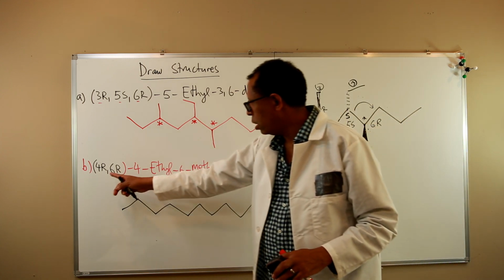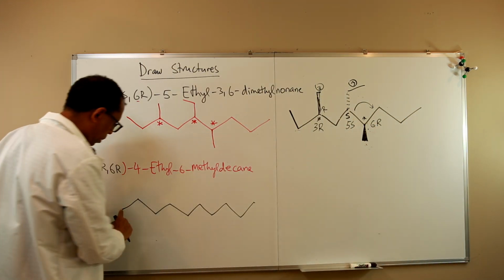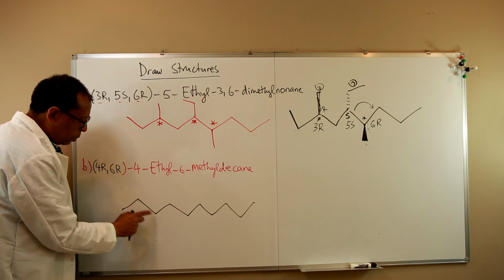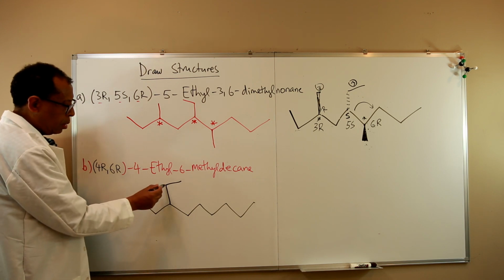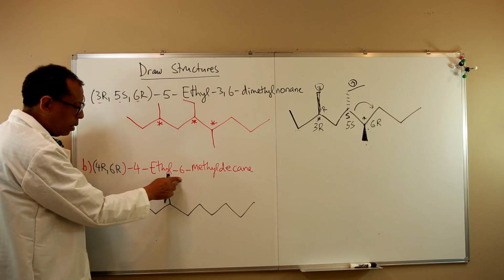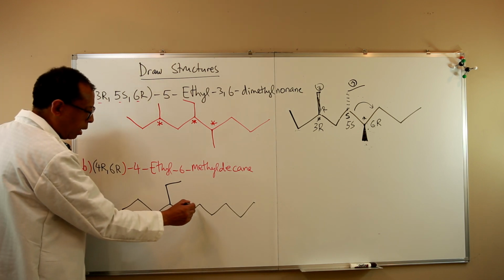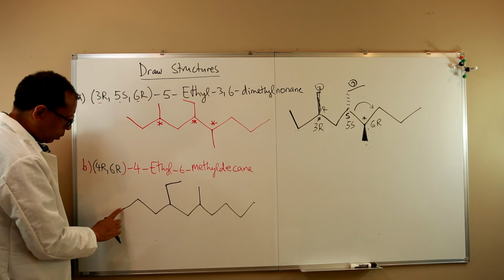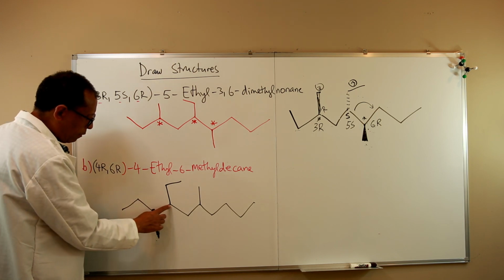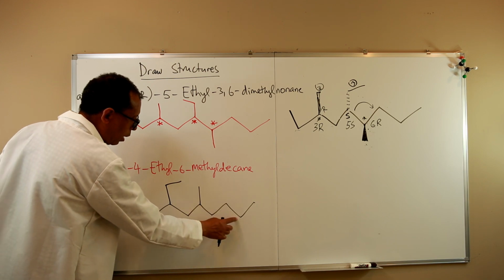At the 4th position is ethyl. So I will start from here, counting 1, 2, 3, 4. At the 4th position I have an ethyl group, CH2, CH3. At the 6th position I have a methyl group. So let me count here: 1, 2, 3, 4, 5, 6, 7, 8, 9, 10.